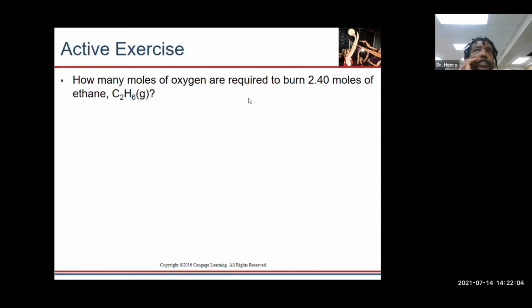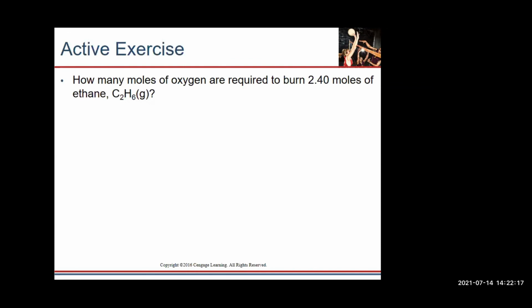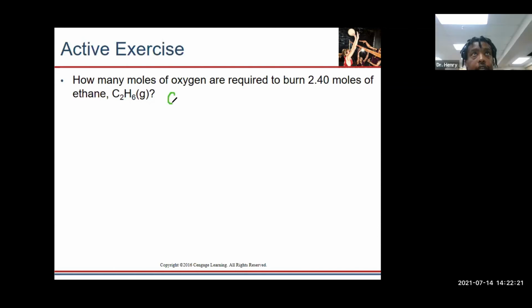How many moles of oxygen are required to burn 2.40 moles of ethane? First thing I'm going to do is to do what? Write my chemical equation. Okay, so I have ethane, C2H6, plus oxygen.